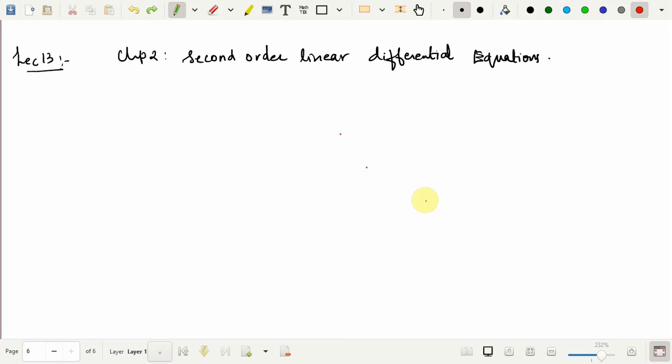Now, since it's a second order linear differential equation, we are in the hunt of two solutions of the given differential equation whose linear combination would represent all the possible solutions.